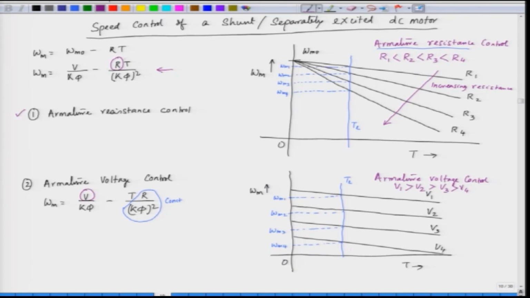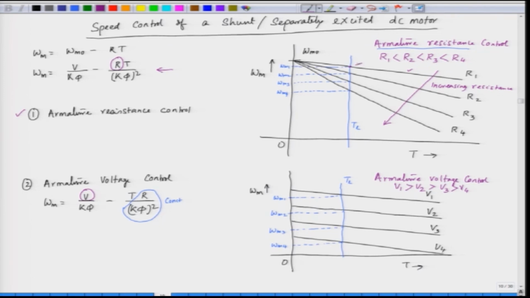Now, when we control the value of R, the slope of this characteristic changes, and in this way we can control the speed. This is the speed corresponding to the first characteristic. This is our load torque T L, and the intersection of the load torque with the motor characteristic gives us the operating point.